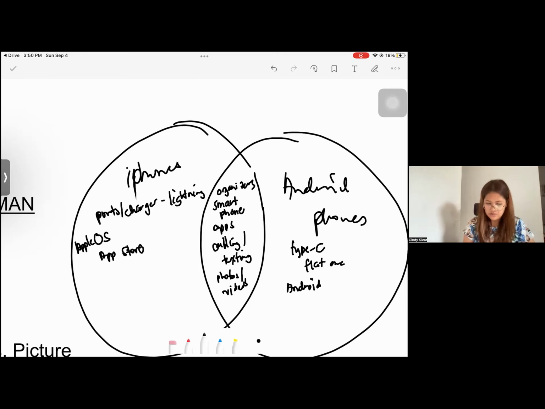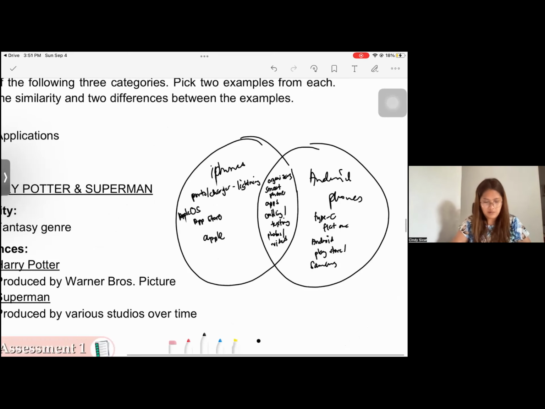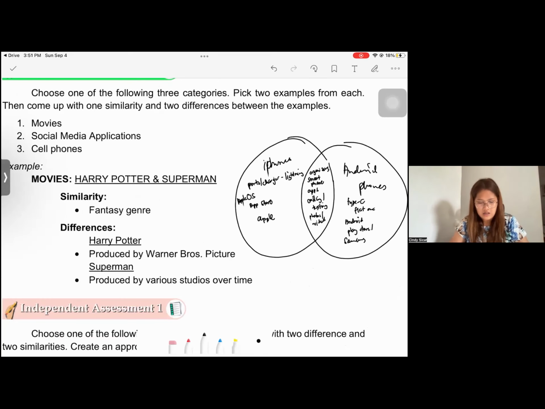For this one, you use the Play Store or whatever market store is available. So they have different interfaces, they have different formats. This is from Apple. This is from various companies like Samsung, Huawei, etc. So that's an example of how I could come up with similarities and differences.